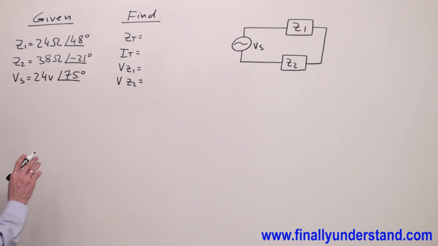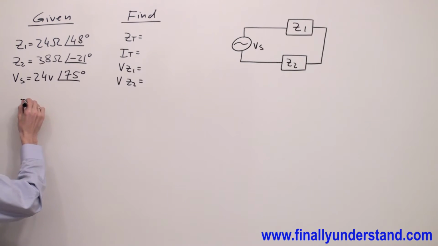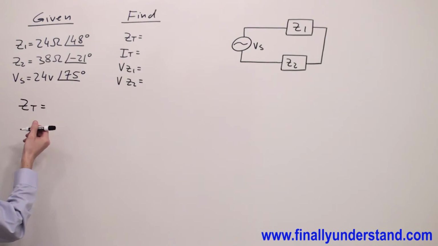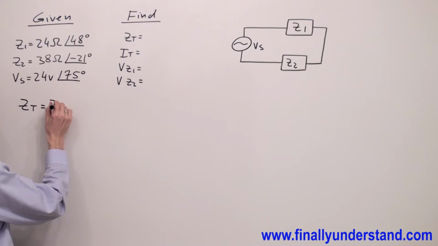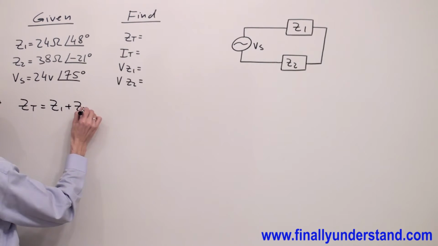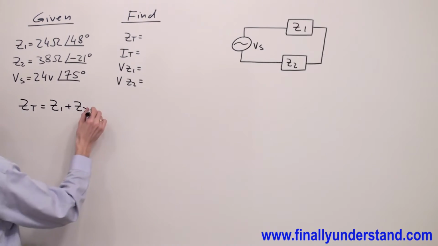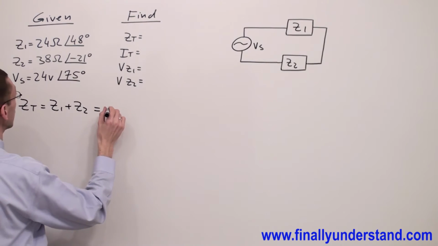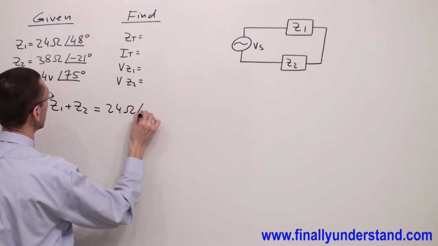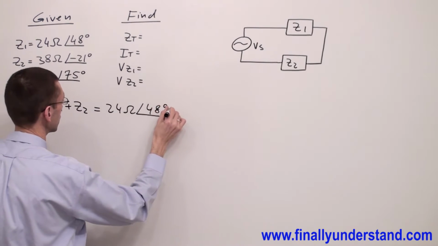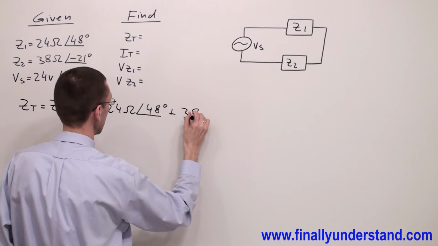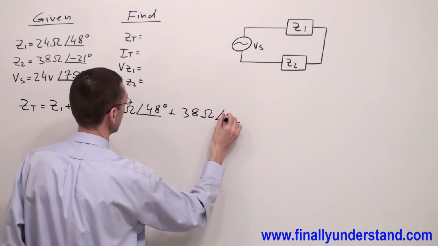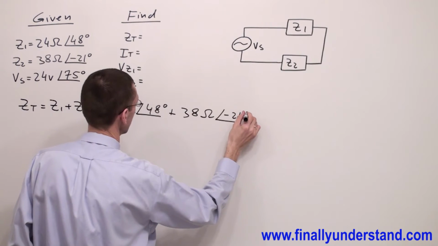So we're supposed to find Z total first. Remember that this is a series circuit, so the formula for Z total is just the sum of all impedances in this circuit. So I have Z1 plus Z2 because this is a series one. Z1 is equal to 24 ohms and angle of 48 degrees plus Z2, which is equal to 38 ohms and angle of negative 21 degrees.